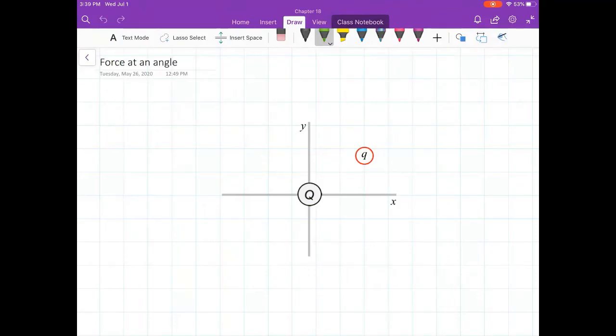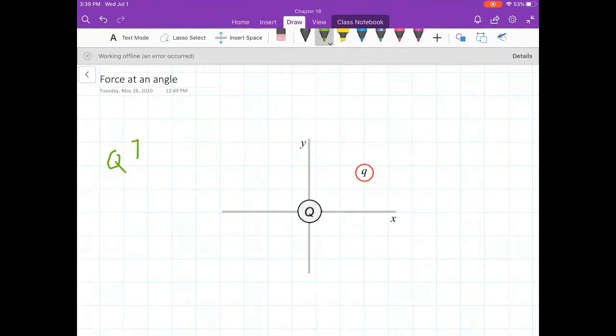There are two charges. We'll let this uppercase Q that's in the center have a value of, let's make it a negative charge, minus 9.00 microcoulomb.